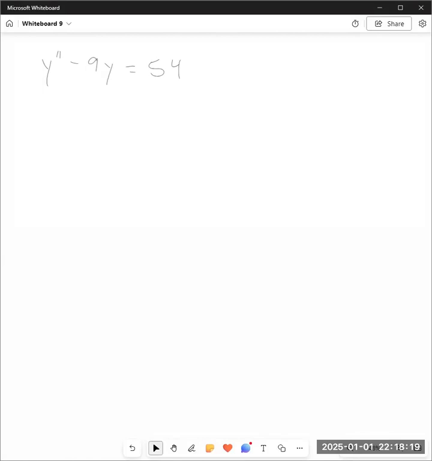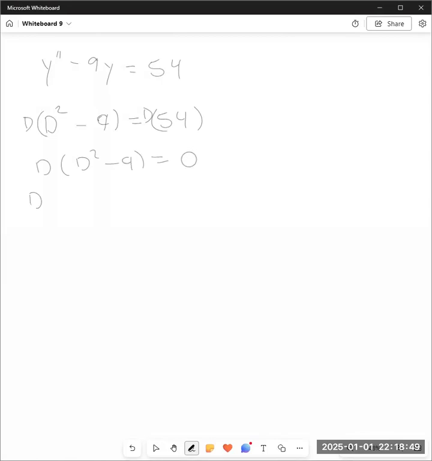So let's go ahead first and write this equation where D squared minus 9 is equal to 54. And I want to take the derivative of both sides. When I do that, that's like multiplying by D here. I have D times D squared minus 9 is equal to 0.